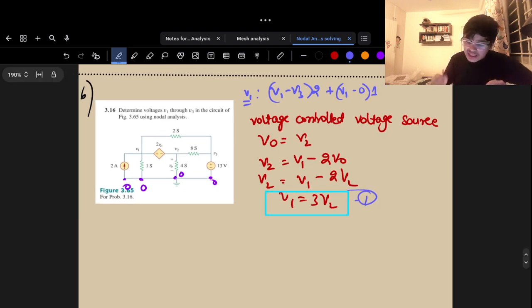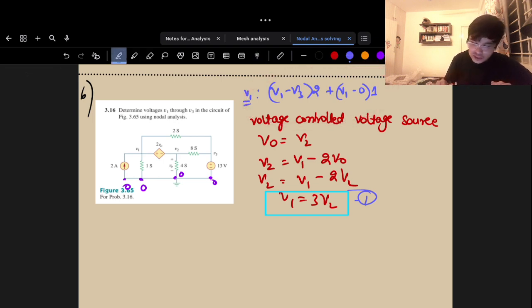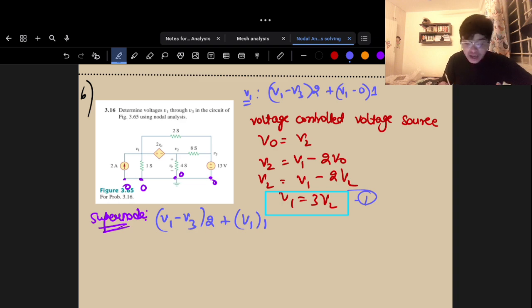Now let's write again the equation for the supernode. V1 minus V3 into 2 Siemens plus V1 into 1 Siemens. Now let's write for the V2 side, plus V2 minus 0 into 4 Siemens.